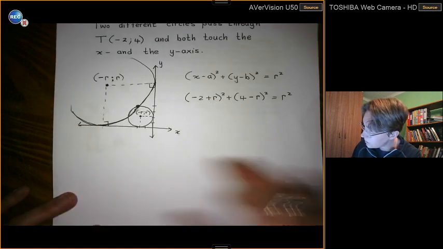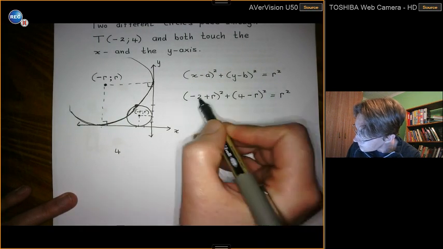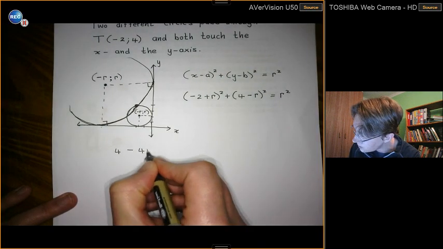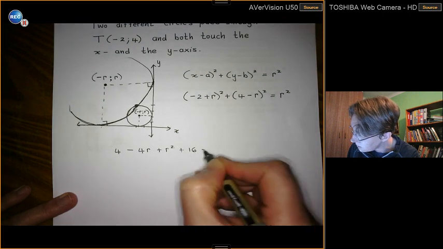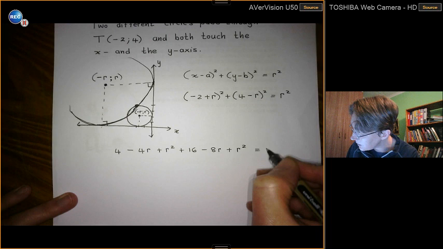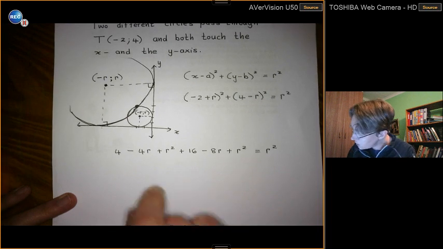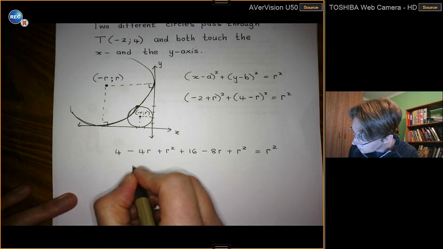Let me just go down where there's a little bit more space. So minus 2 squared is going to be 4, minus 4r, plus r squared, plus 16, minus 8r, plus r squared, is equal to r squared. There we go. So if I collect this, this is going to be 2r squared minus r squared, which is just r squared.